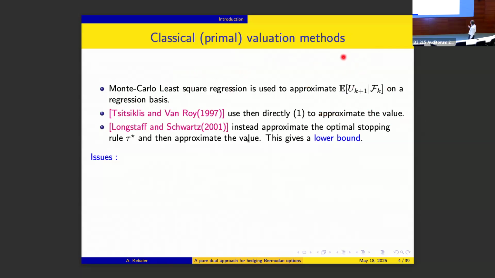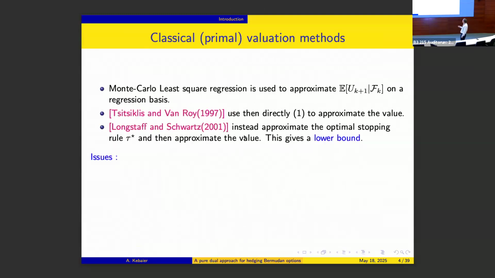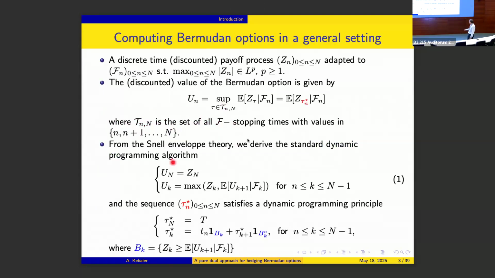The first approach, for the first dynamic programming principle, is due to Tsitsiklis and Van Roy. They directly approximate this dynamic programming problem. Later on, Longstaff and Schwartz provided a very famous and popular algorithm in which they instead approximate the optimal stopping time tau star using the second dynamic programming problem I showed you right here.